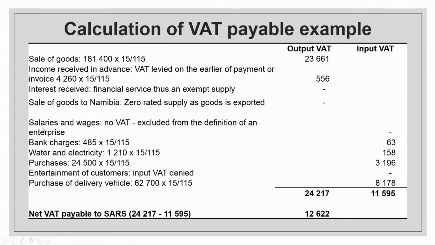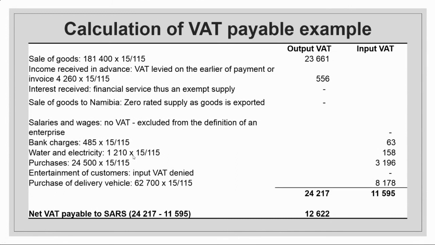Then we get to the input VAT. Salaries and wages, no VAT, so it's excluded from the definition of an enterprise. Bank charges is a service rendered by a bank, so that's why it has VAT. That is not an exempt supply; it is a standard rated supply. Water and electricity is a standard rated supply.